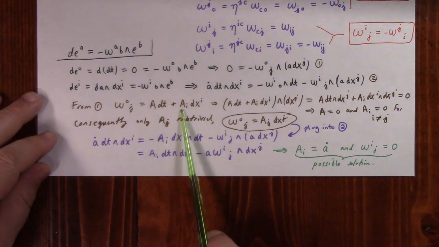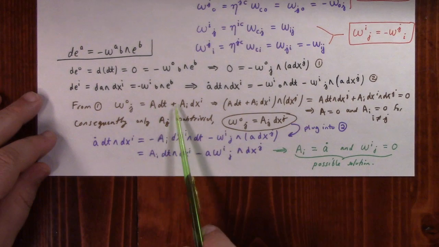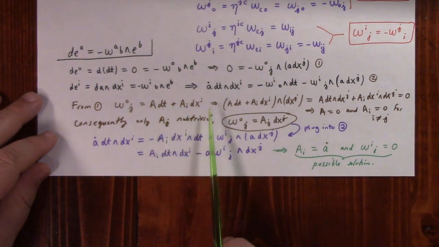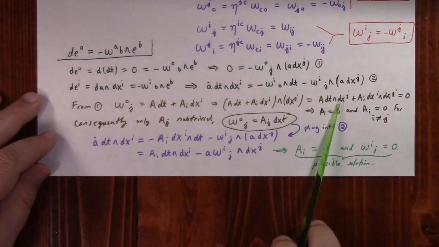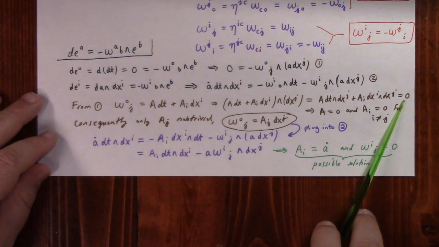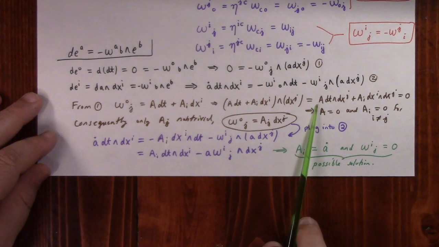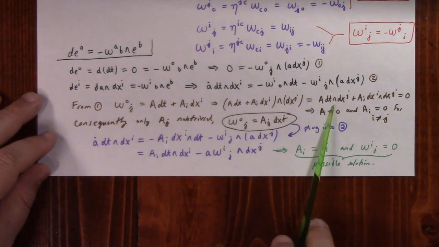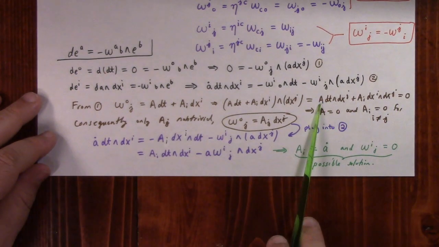I'm using A and A_i as variable placeholders just to keep track of what I'm doing. Now, when I take the wedge product of that and dx^j, that gives me this, but of course that has to be equal to 0, and the reason is that this is 0 up here. That implies that we must have A equal to 0, because there's no way to cancel this term out except for A to be 0.